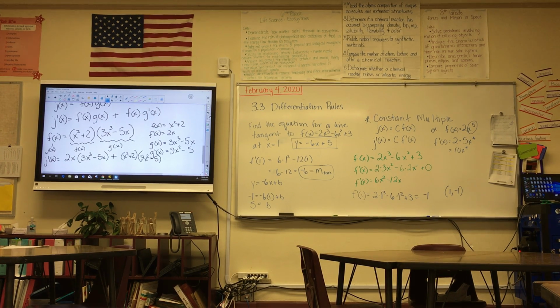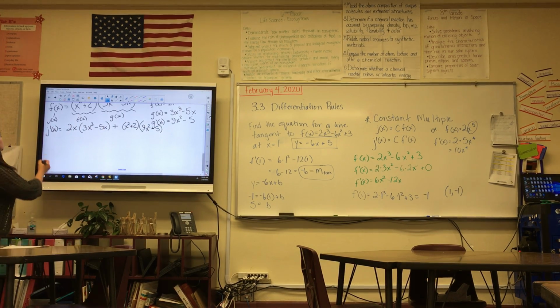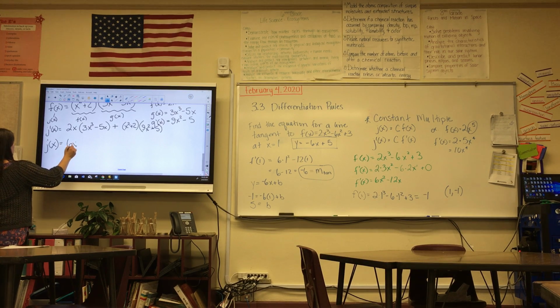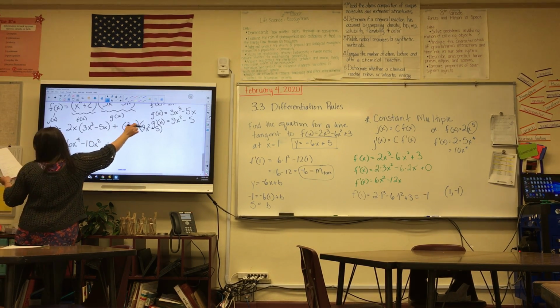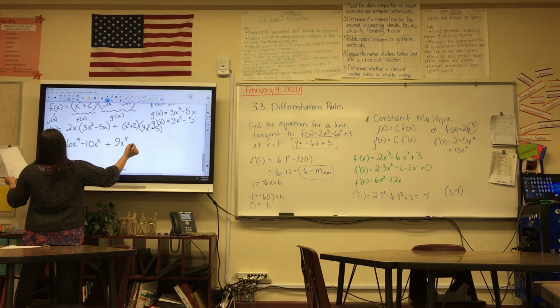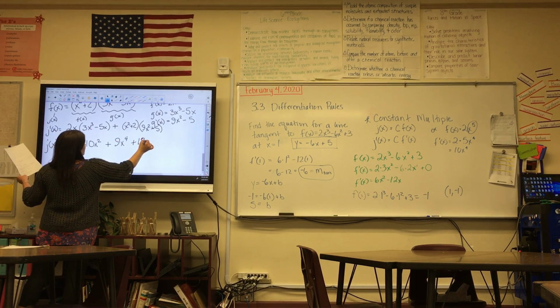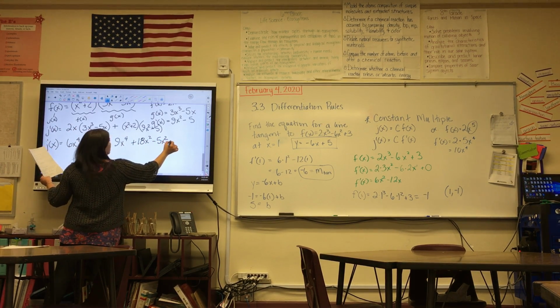In technicality, that's the derivative, and you could leave it that way, but we do like to simplify a little bit. So the derivative is 6x to the 4th minus 10x squared, and then I'm going to FOIL this part right here, plus 9x to the 4th plus 18x squared minus 5x squared minus 10.